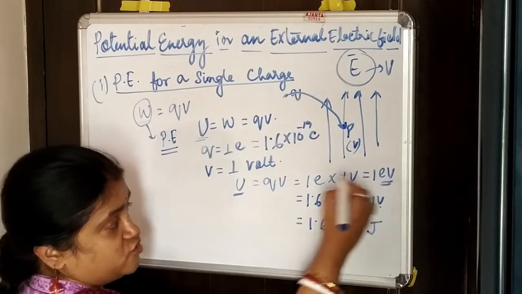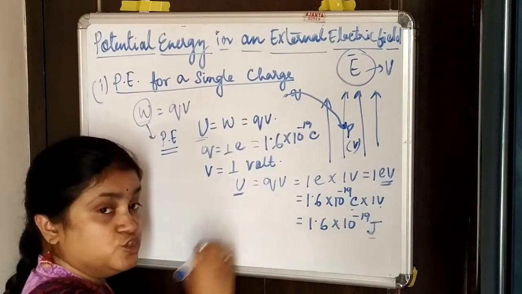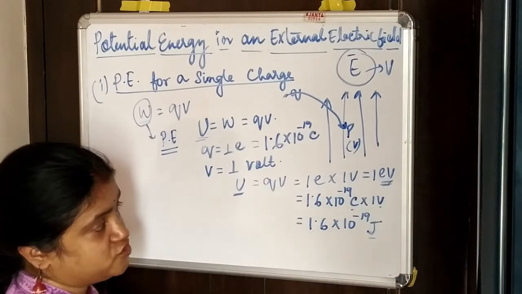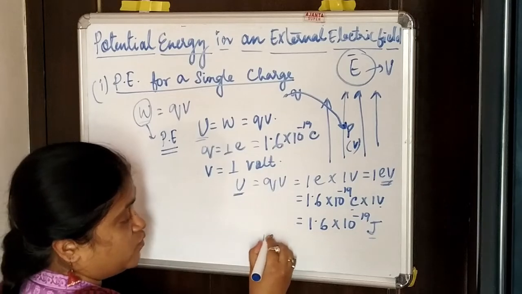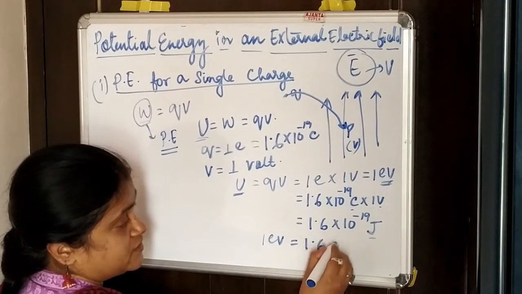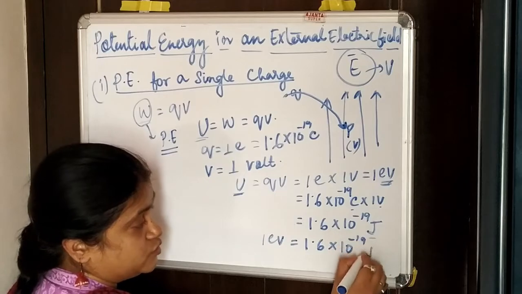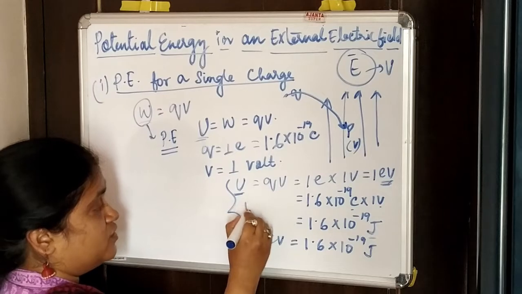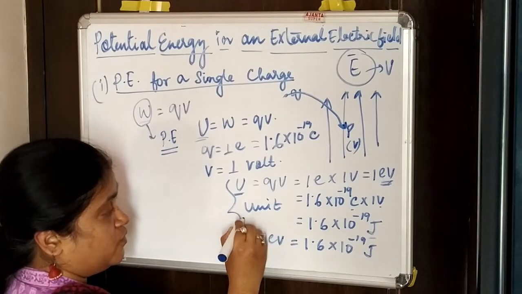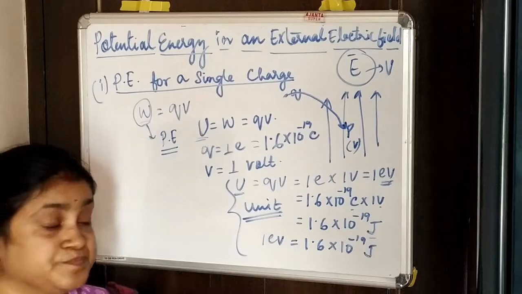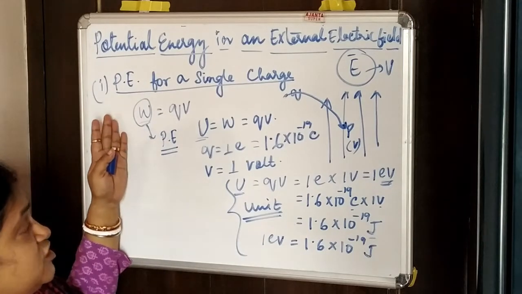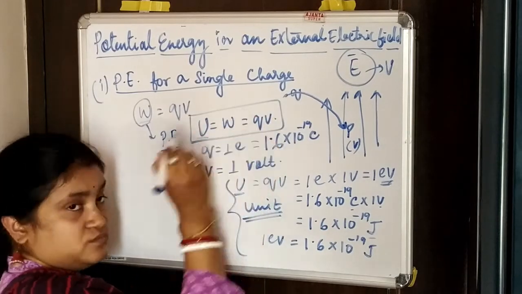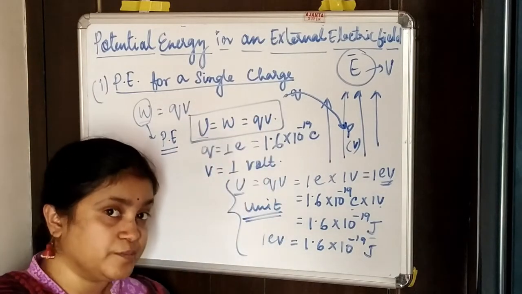One is the electron volt, another unit is the joule. From here you can easily understand the relation between electron volt and joule, which is 1 eV is 1.6 into 10 power minus 19 joule. So this is the unit of potential energy. The potential energy of the single charge is given by Q, the amount of charge, and the potential at that point V.